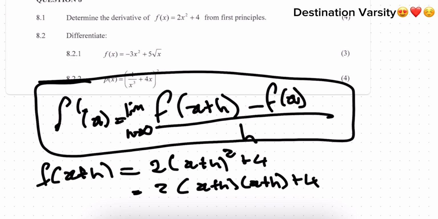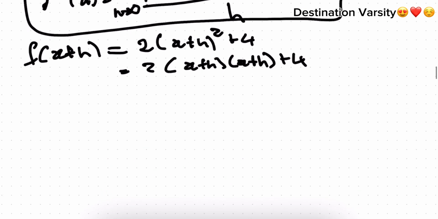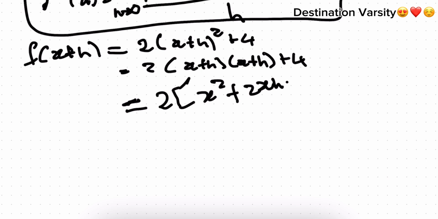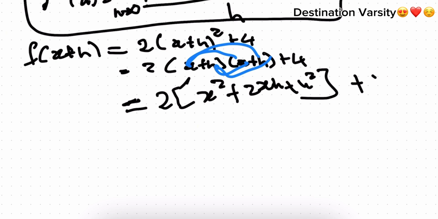Okay. So that means it's 2 times x squared plus 2xh plus h squared. You can always double check that by multiplying this with this, and this with that. It's simple as dirt. Then you say plus 4.